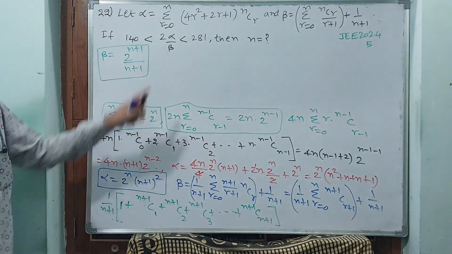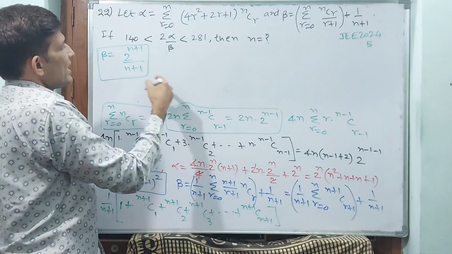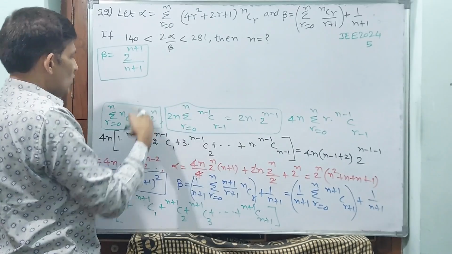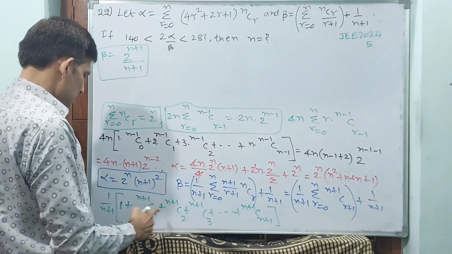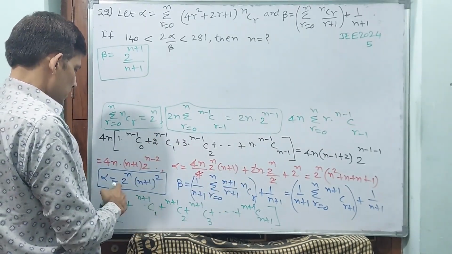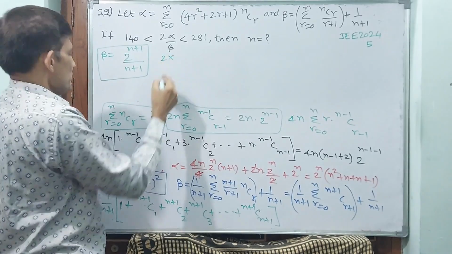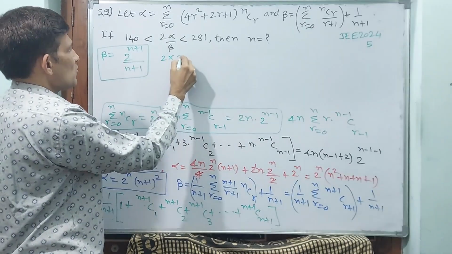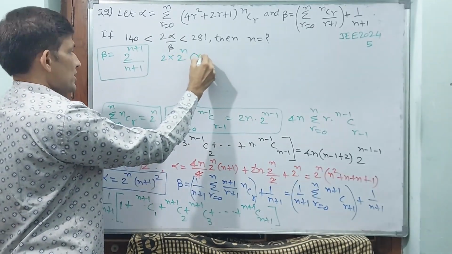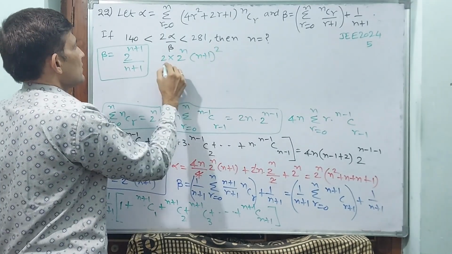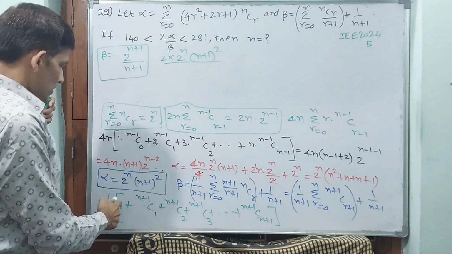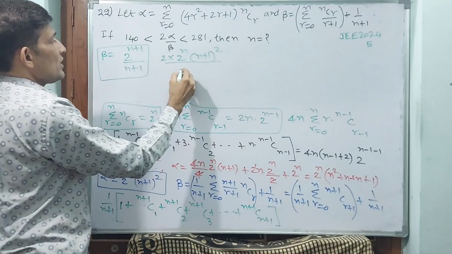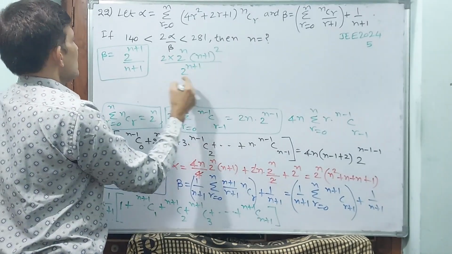Okay, now we go here. What are they telling? 2 alpha by beta. 2 alpha by beta means what? 2 alpha, where alpha is here. You see, 2 into alpha. Alpha means 2 power n into n plus 1 whole square, by beta. Beta is, you see, 2 power n plus 1 divided by n plus 1.